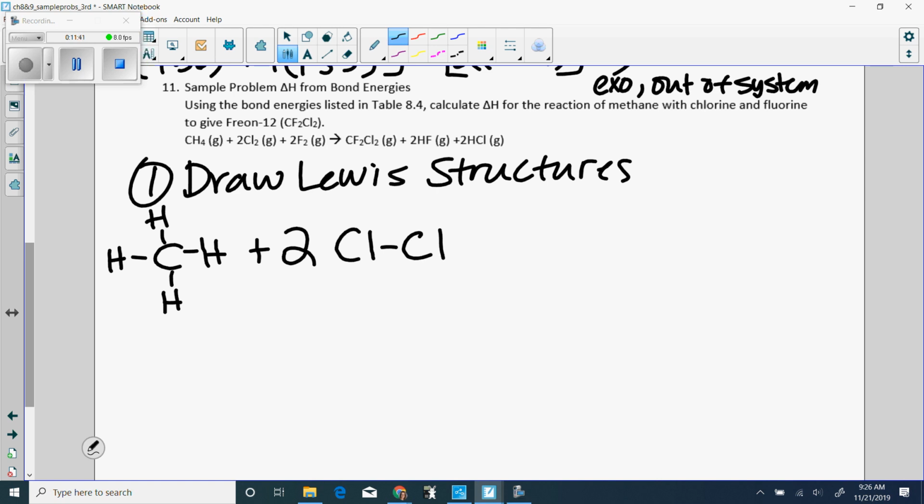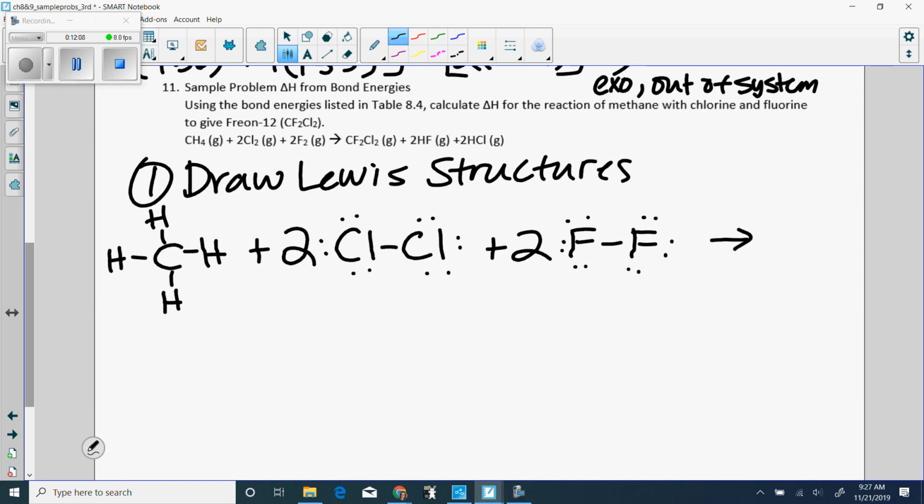Chlorine is 7, 2 of them is 14, minus 2 is 12. Maybe you need to draw your dots to know that that's a single bond. Maybe you don't. And I have 2 F single bond Fs. They're also in group 7, so 14 minus 2 is 12. So I know that's a single bond as well.